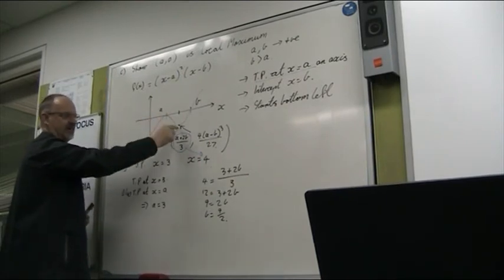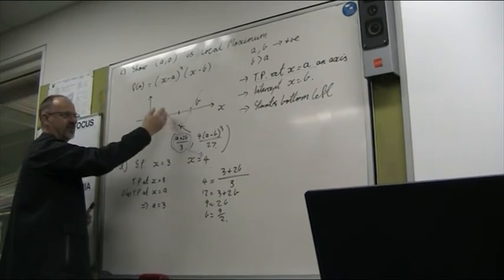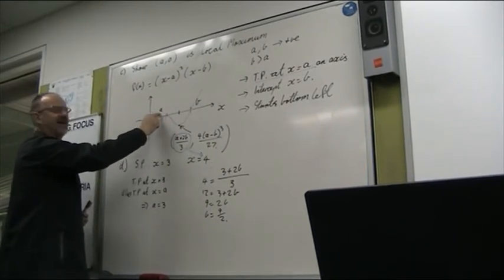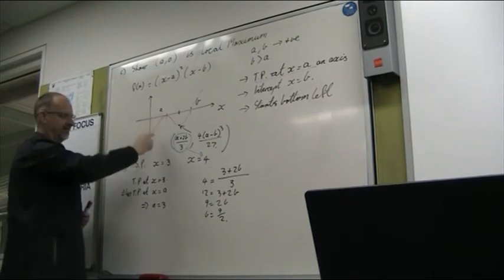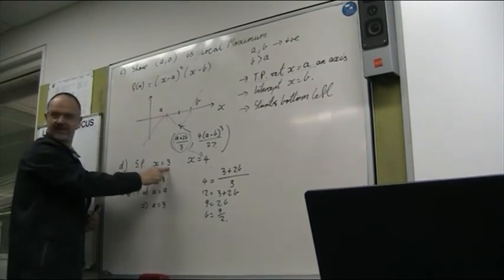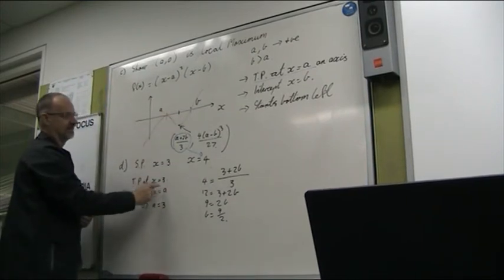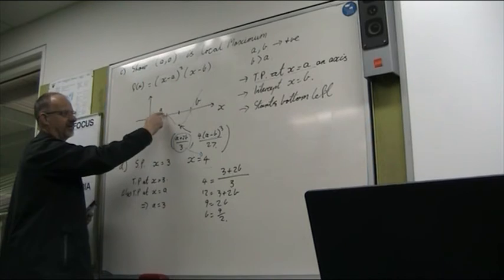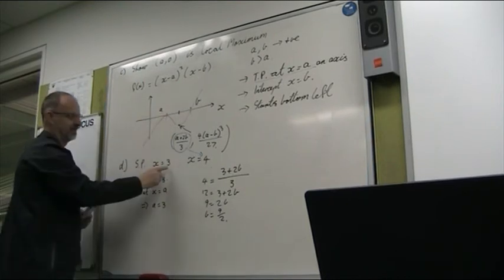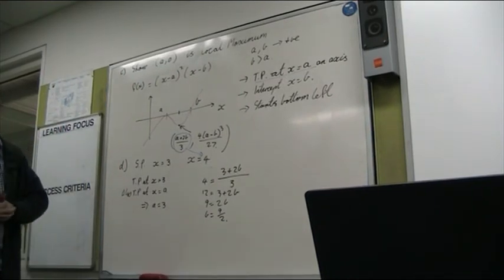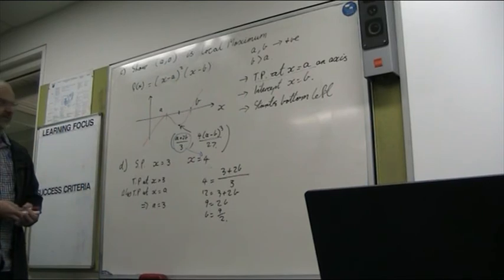The left of these stationary points is this one here, at x equals a, which we're told is at x equals 3. So seeing as the x value here is simply a, then a and 3 are going to be the same. Is that all? Yep, that's it.